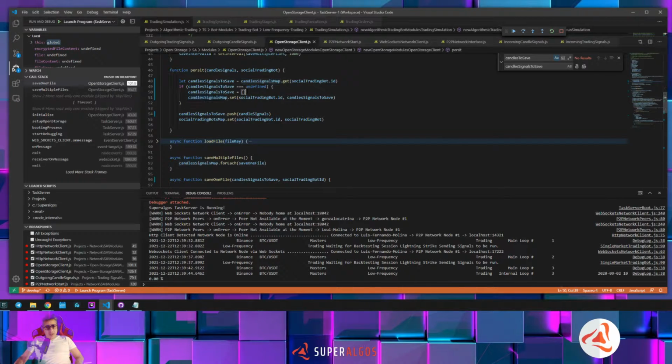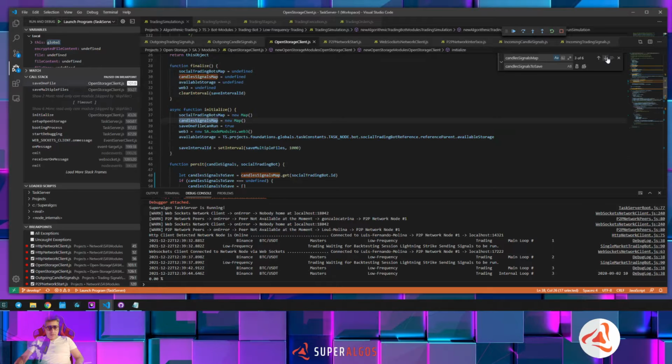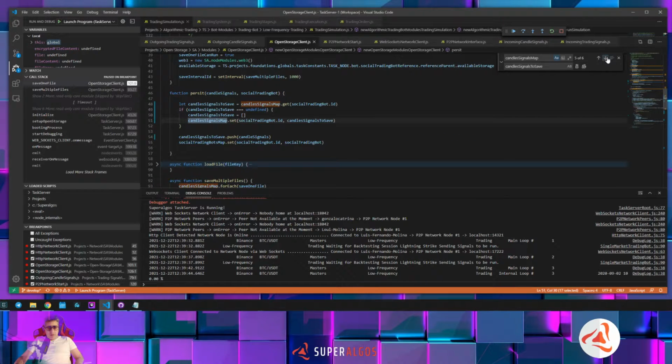We are resetting the array if candle signals to save is undefined, but we are never deleting the stuff in this array. Okay, that's one problem I forgot about.